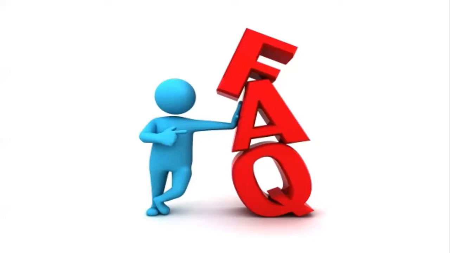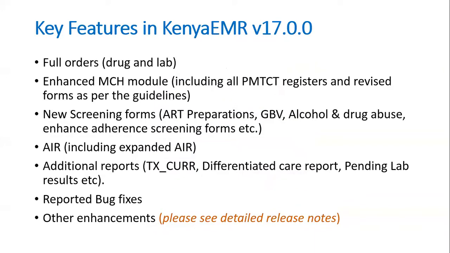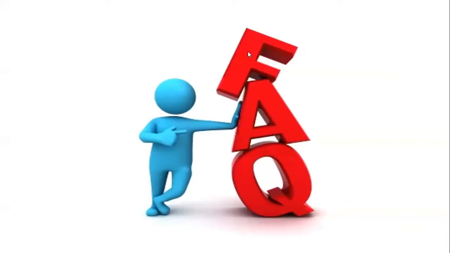It is important that when you're doing this upgrade at the facility, you understand what is new, so then you can also share with the end users at that facility. You may sensitize them on those key features, so they can also put them to use. So I'm going to take a few minutes so we can respond to your questions.